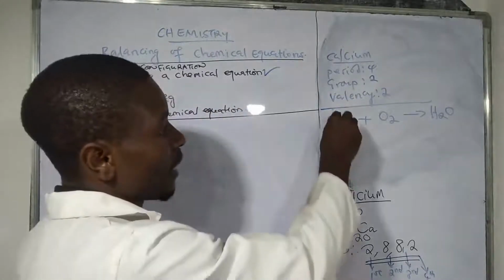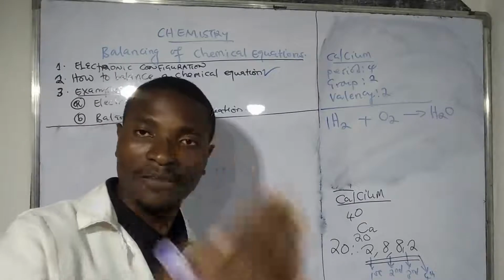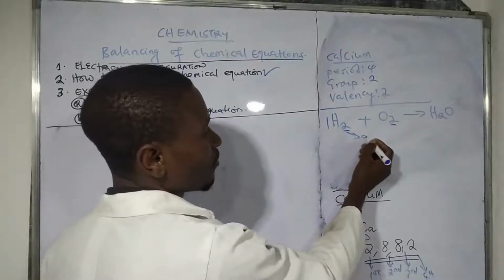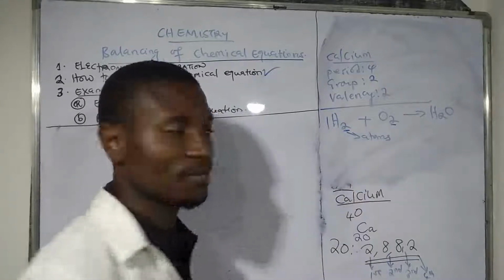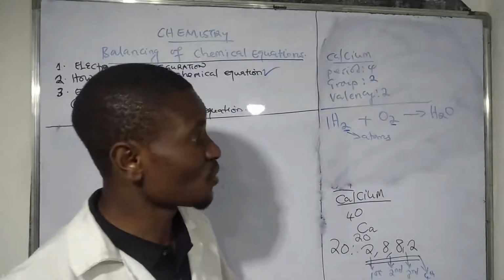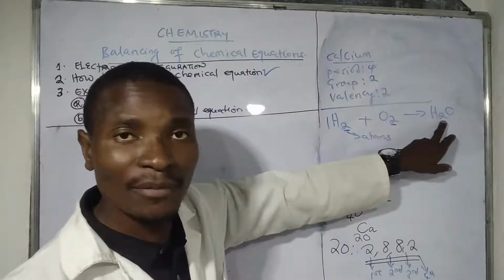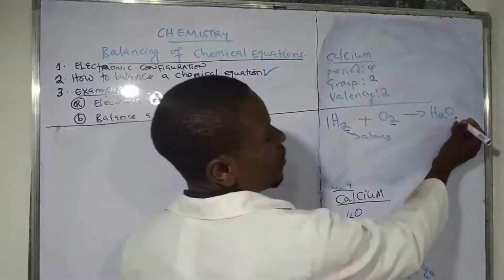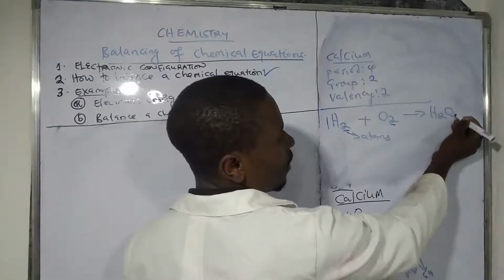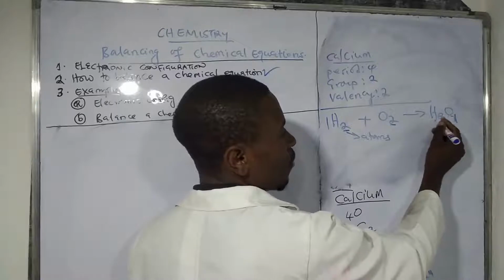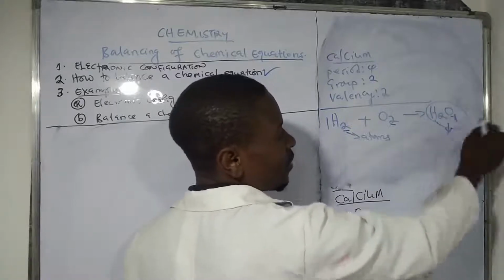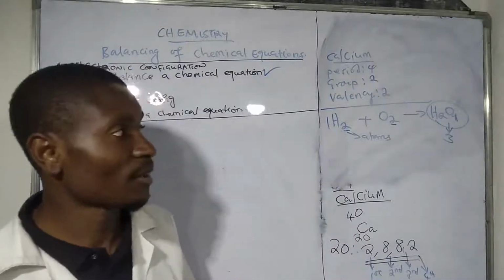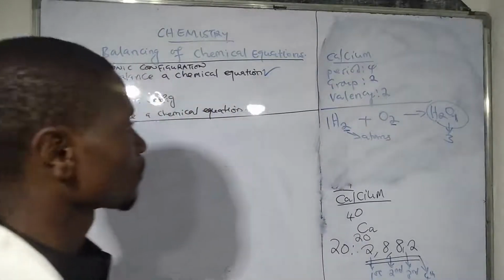The number in front refers to molecules. The number down here refers to atoms. So if they ask you how many atoms are in the water molecule, there is only 1 oxygen and 2 hydrogen. Altogether, the number of atoms in the water molecule is just 3 atoms making up the water molecule.